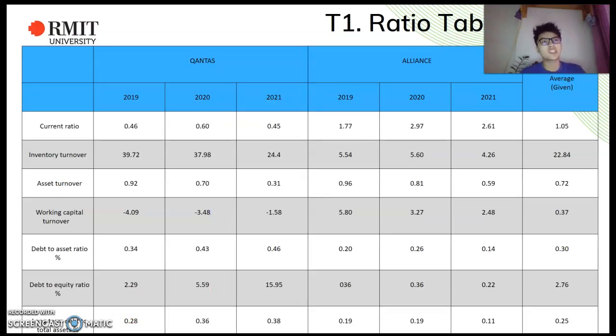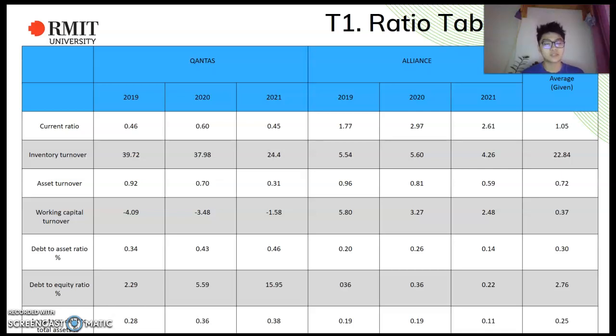About Qantas Airways efficiency, it is also not performing so well. The efficiency ratios here are combined with the quick ratio from the part 1 ratio table. Most of the Qantas Airways ratios in efficiency are higher than the industry average, which is not good, such as inventory turnover, working capital, and debt to assets ratio.